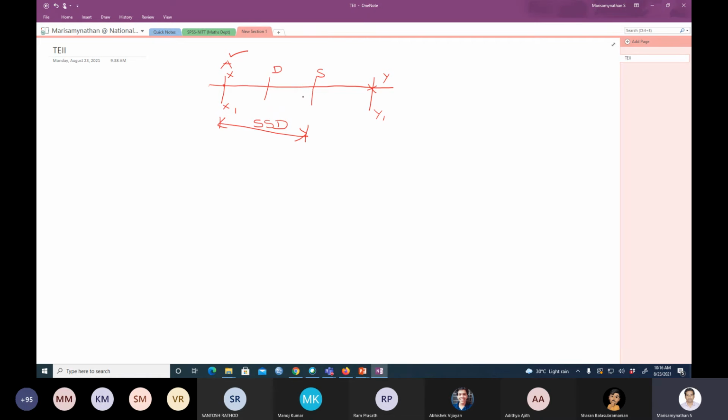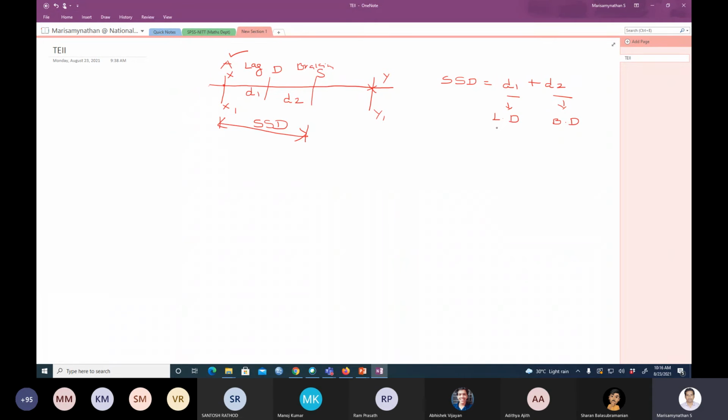So this distance is divided into two parts: one is the lag distance, another one is the braking distance. So this might be D1 and D2. So the SSD is nothing but the summation of D1 plus D2. D1 is the lag distance, and D2 is the braking distance.